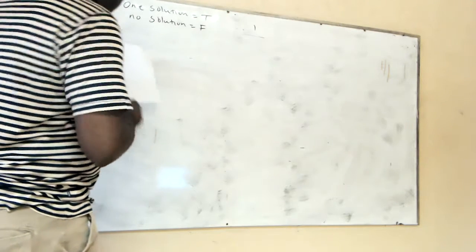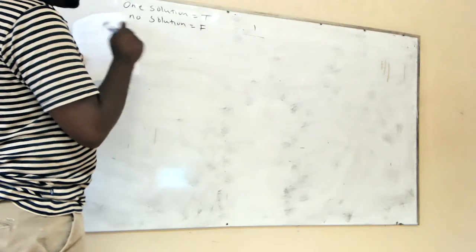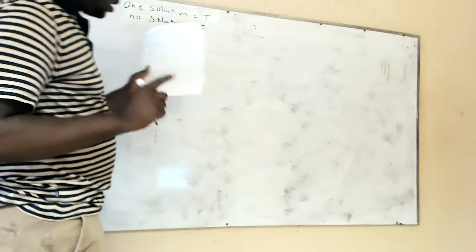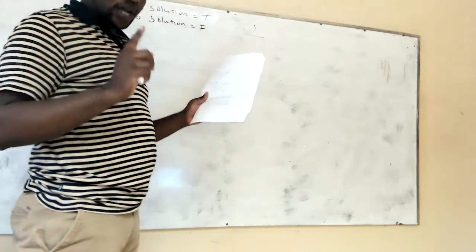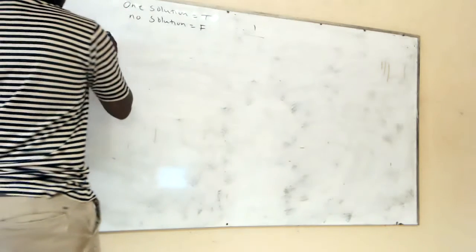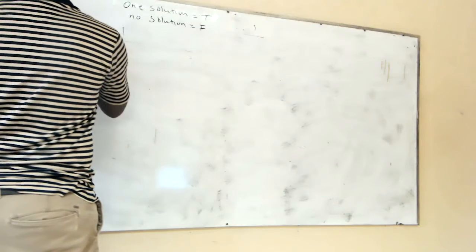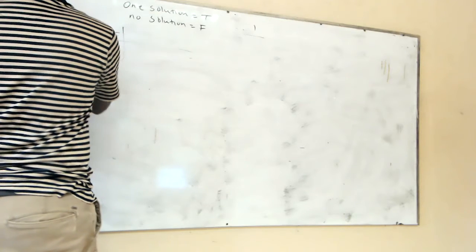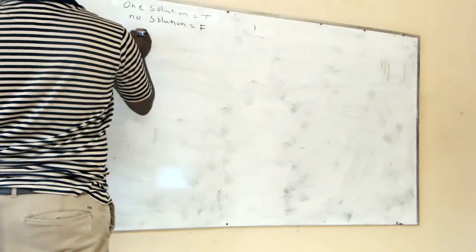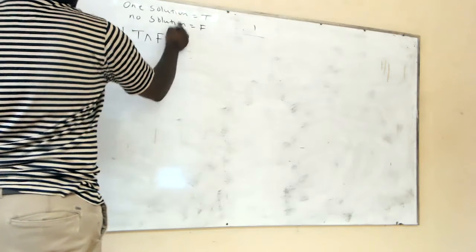So in the 5 options we're given here, we are looking for the one which will give us a true statement. And I can tell you that from the 5 options, only one is going to give us a true statement. So let's investigate. We start with the first one, wherein we have a table of true and false. For option 1, we have a conjunction, AND.